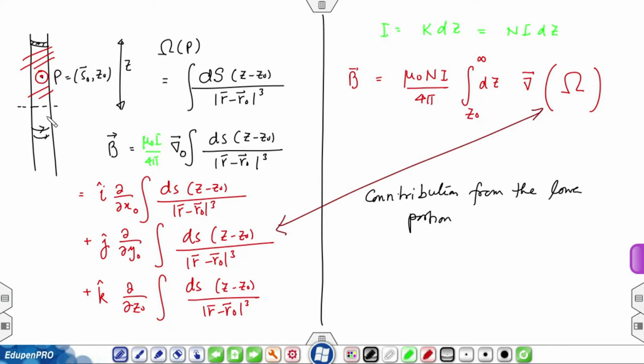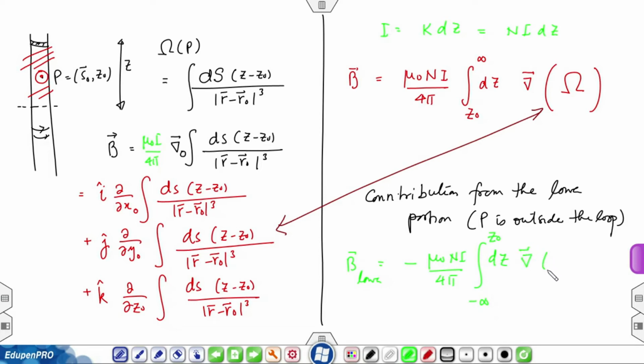Then you can see that P is outside the loop, and therefore, now B from the lower side is going to be minus mu0 n I over 4 pi, integration minus infinity to z0 dz, grad of omega from the lower side.